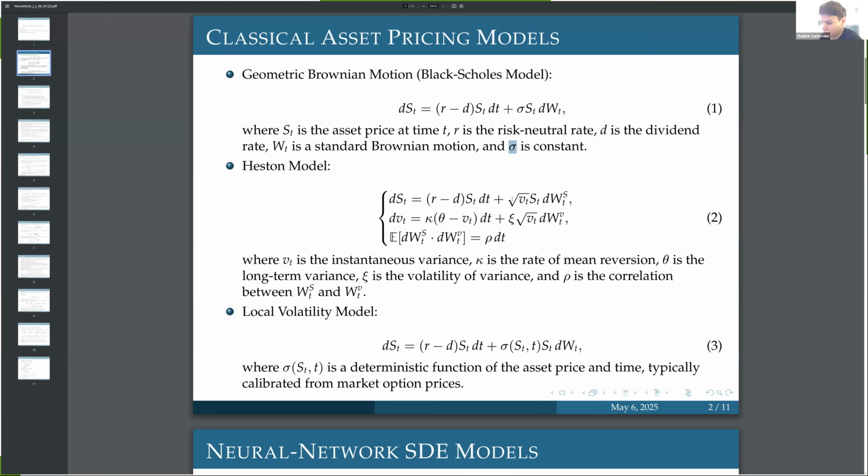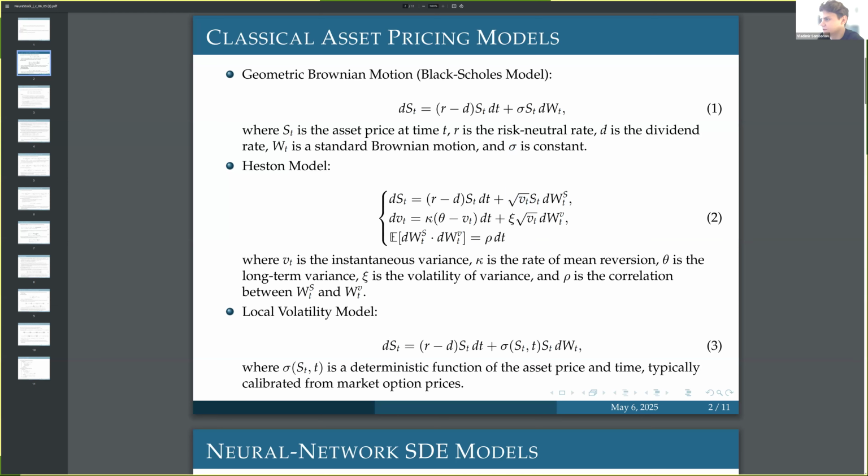The second model is the Heston model, which incorporates varying volatility, enabling it to reflect more realistic market fluctuations. It is described by a similar stochastic process, but here volatility is a stochastic quantity.